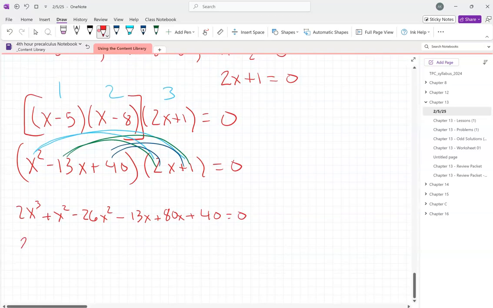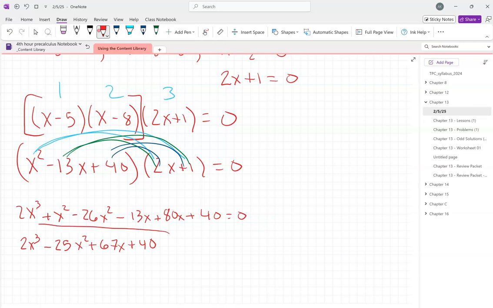And then I just combine some like terms. So there's my cubic polynomial with the desired zeros. Basically just a FOILing problem. You have to figure out what three things to FOIL together, right?